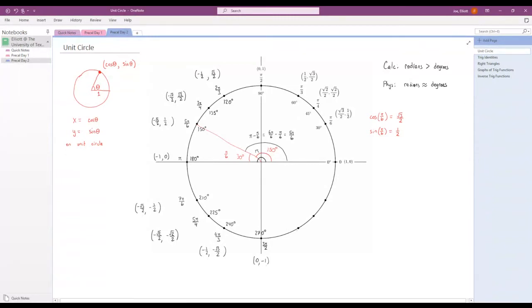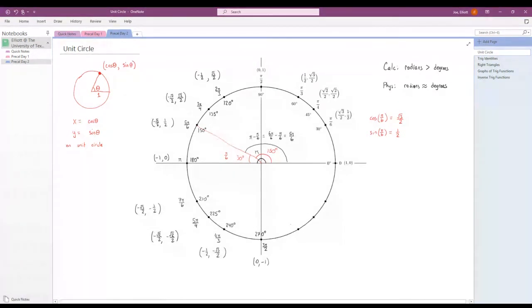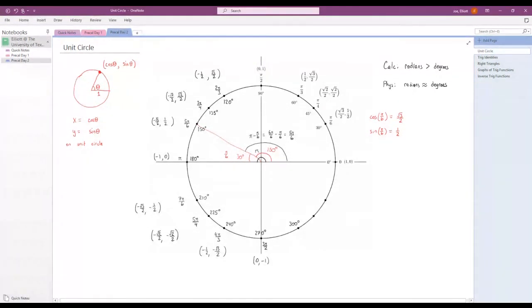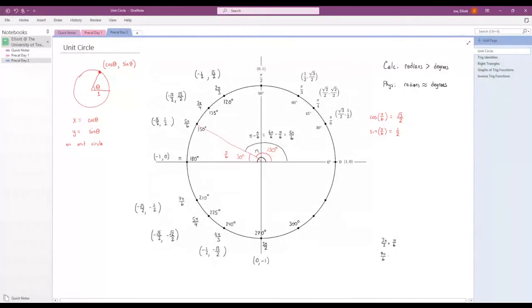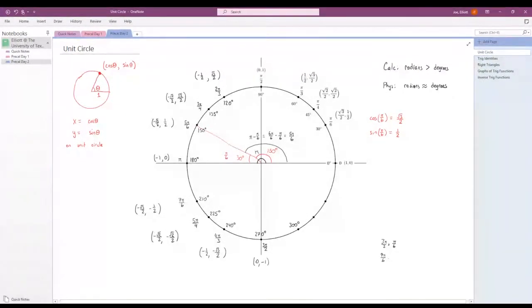All right, and then this will be 30 degrees from 270, so it'll be 300 degrees. You can add pi over 6 to 3 pi over 2. So make that 9 pi over 6 plus pi over 6.